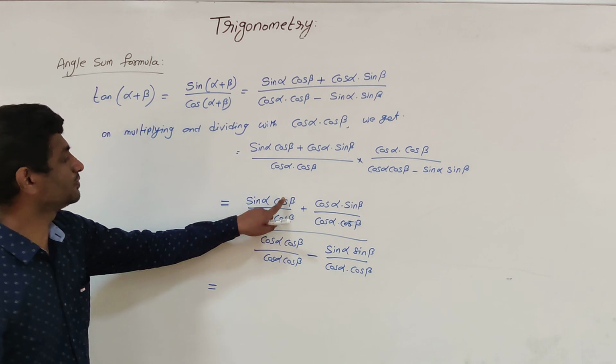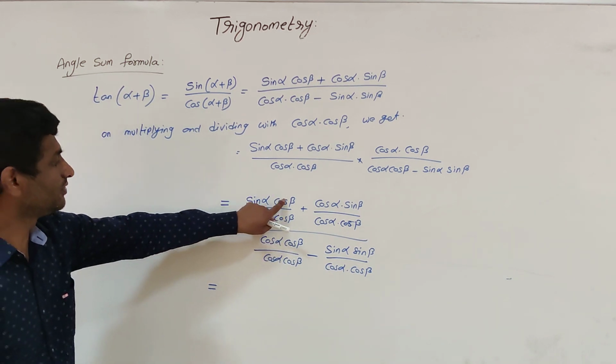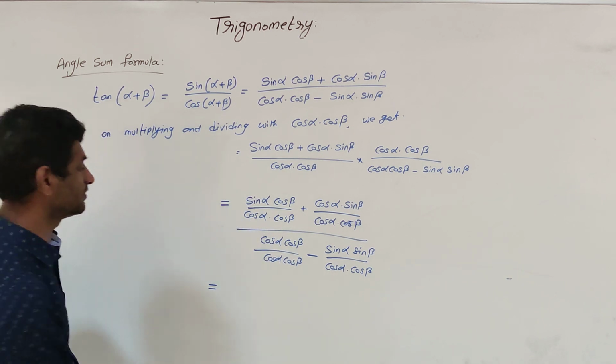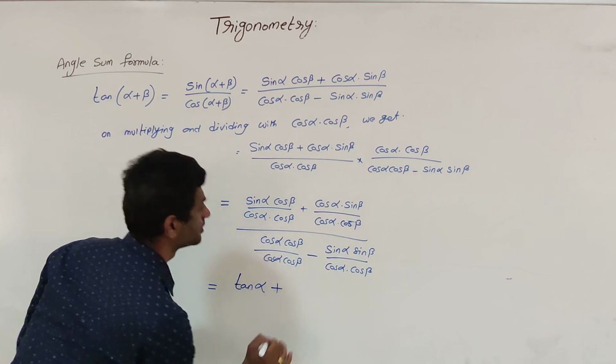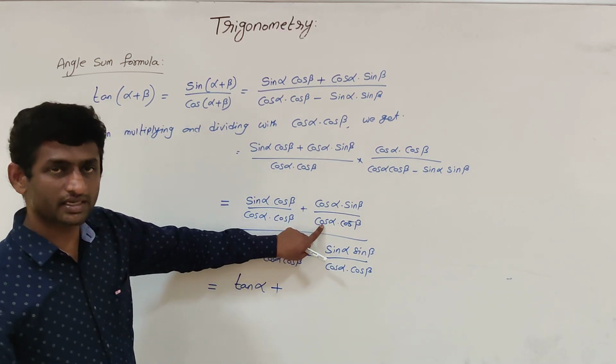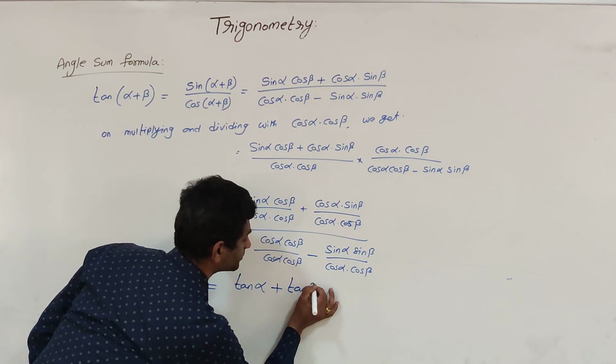As cos beta gets cancelled, sin alpha by cos alpha gives tan alpha, plus is a plus, cos alpha again gets cancelled, sin beta by cos beta gives tan beta.